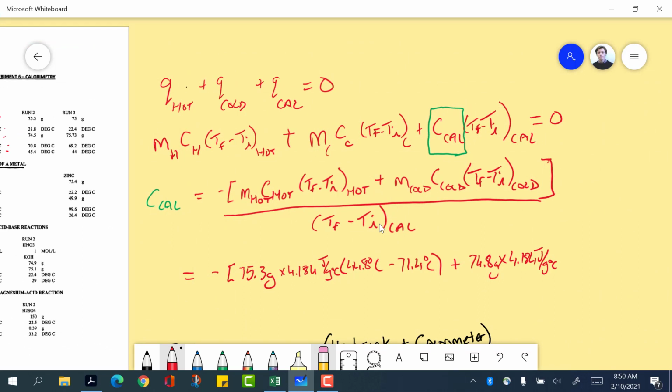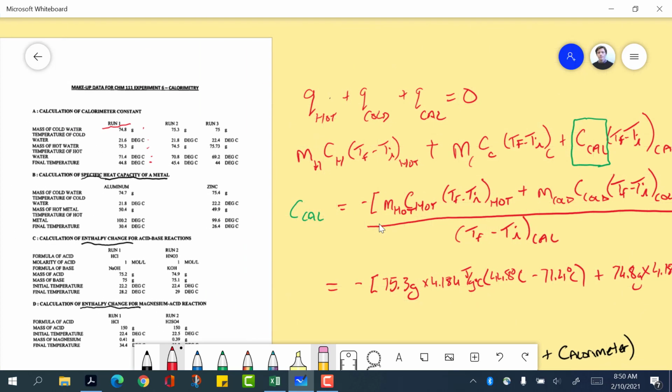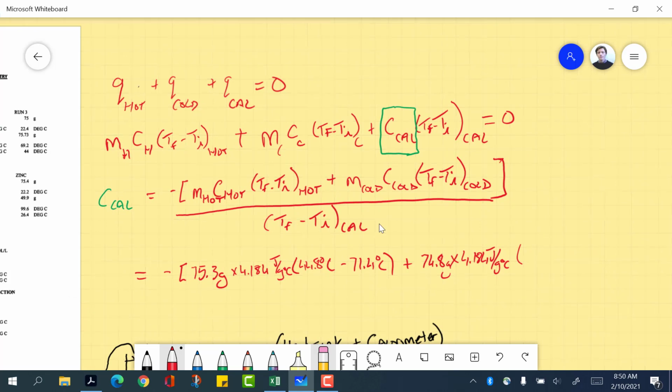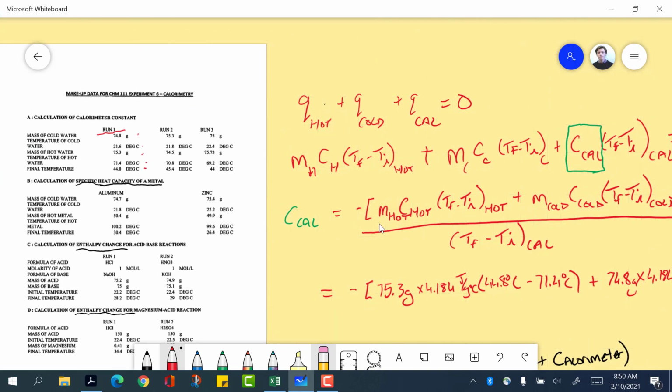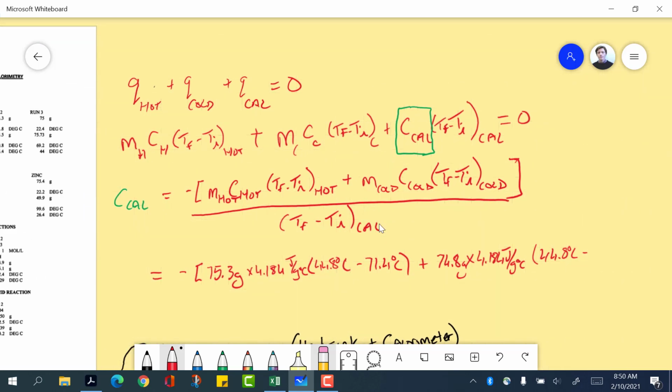And the change in temperature now is going to be, well, the final temperature of the cold water, well, that's 44.8. They also have the same final temperature. And the initial temperature of the cold water was 21.6. And that's everything in the numerator.